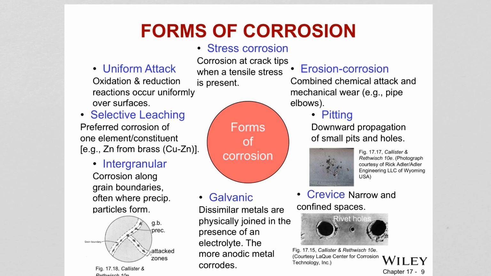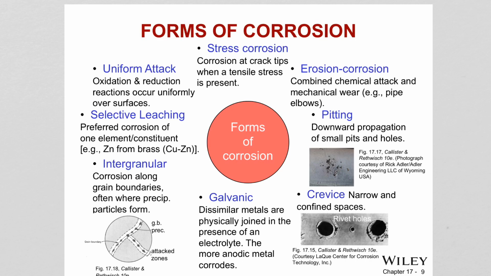Galvanic corrosion is the form of corrosion we are familiar with, when you have two different metals that are physically joined in the presence of an electrolyte, and the metal that is more anodic will corrode.